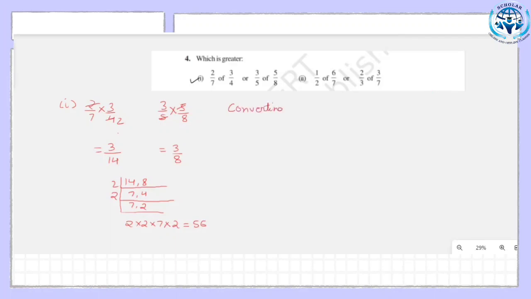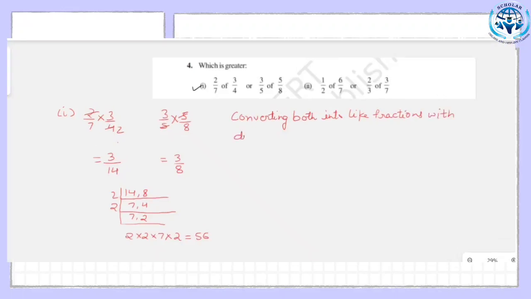Now convert both the fractions into like fractions with denominator 56 to know which fraction is greater. 3 by 14 is multiplied with 4. 3 4 ja 12, 14 4 ja 56. And 3 by 8 is multiplied with 7. 7 3 ja 21, 8 7 ja 56.